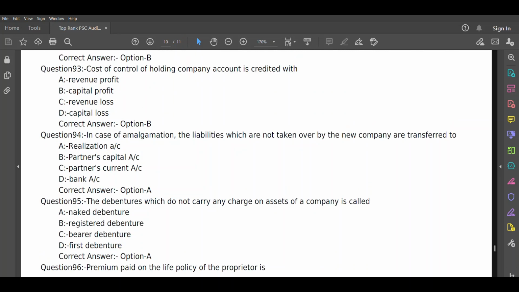Cost of control of holding company account is credited with capital profit. In case of amalgamation, the liabilities which are not taken over by the new company are transferred to realization account. The debentures which do not carry any charge on assets of a company is called naked debenture.